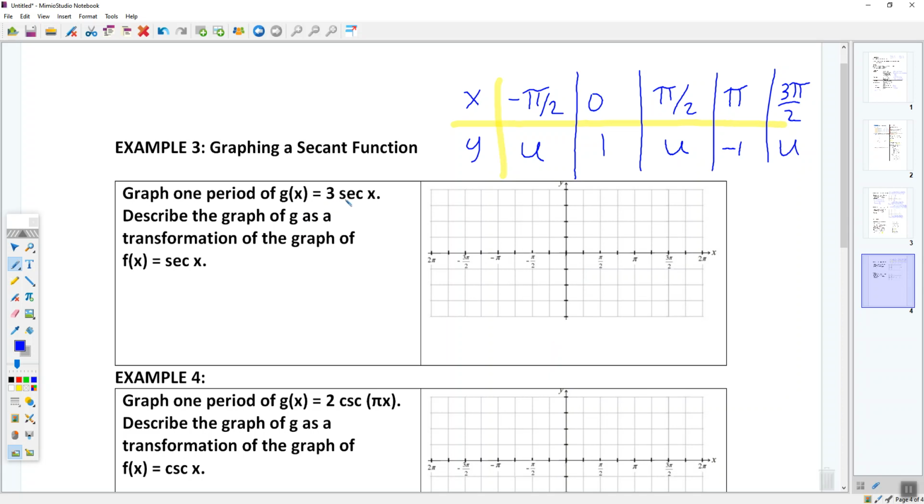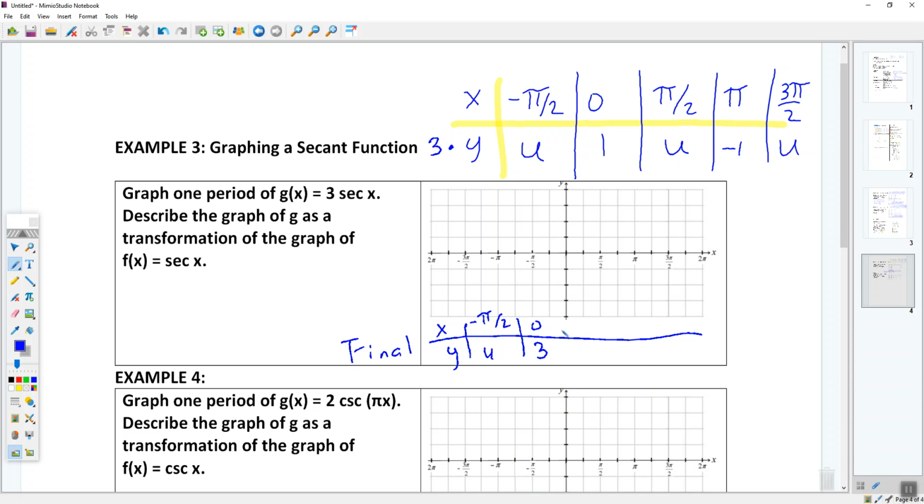So we're going to take everything down here times 3. So what are my final points going to be, kids? Are your x's changing at all? No. So we're really going to end with negative pi over 2 to what? What's 3 times undefined still? Undefined. 0 comma what?